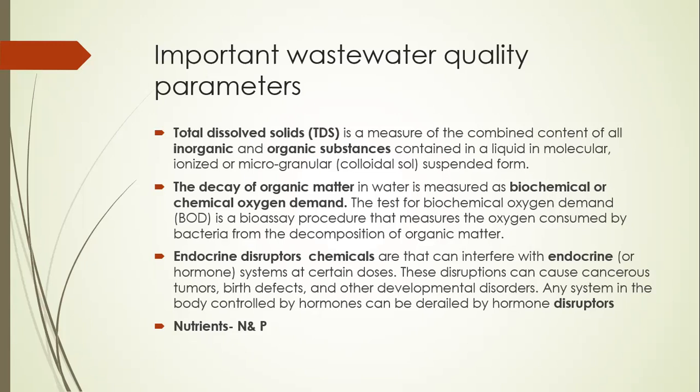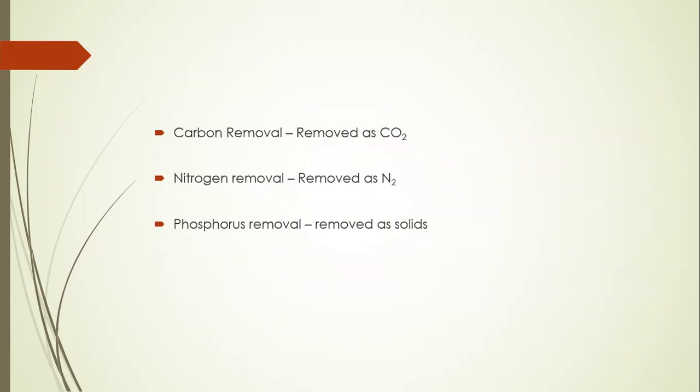And as we indicated, we try to remove the other chemicals and nutrients too. So how are these different constituents removed from the system? What is the transformation? The organic substances, which contain mostly carbon pollutants, are removed by conversion into carbon dioxide.